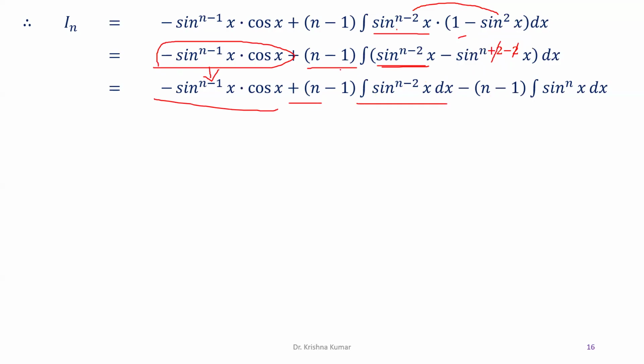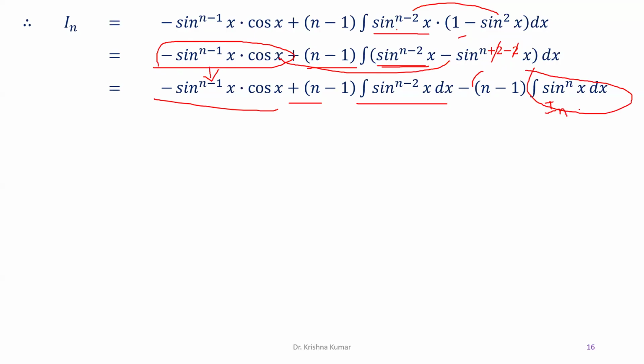And in the second part, this plus and minus will become minus, n minus 1 into integration of sine to the power n x dx. Now, if we see this part, it is nothing but I_n because we have already considered before starting the question that I_n is the integration of sine to the power n x dx.